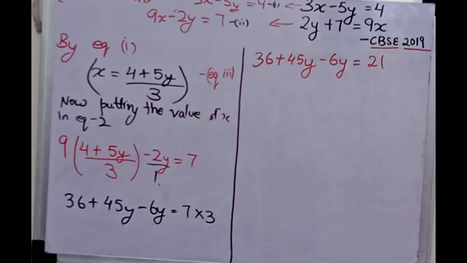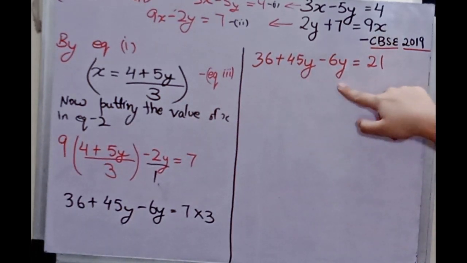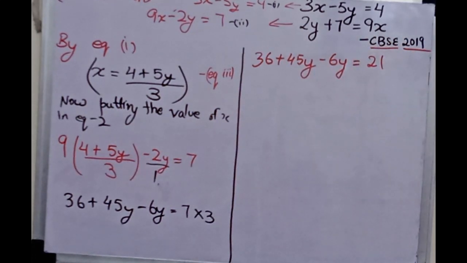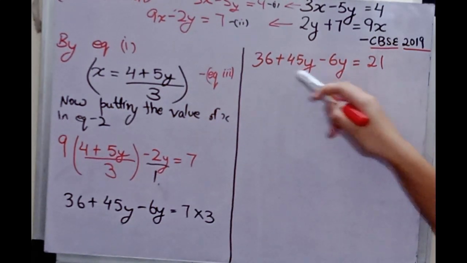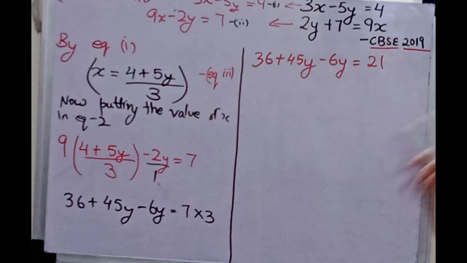Now what I'll do is, these y terms are like terms. We learnt in the previous classes that only like terms can be added or subtracted. Here I have like terms, hence I can add or subtract them.